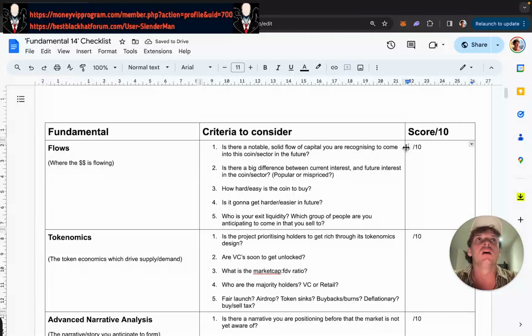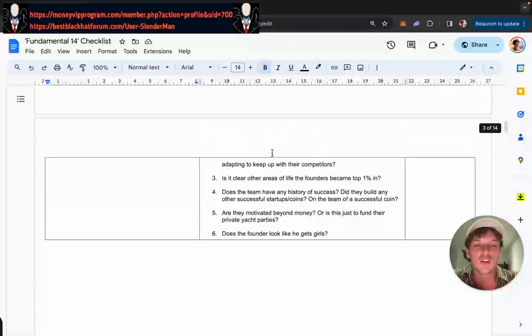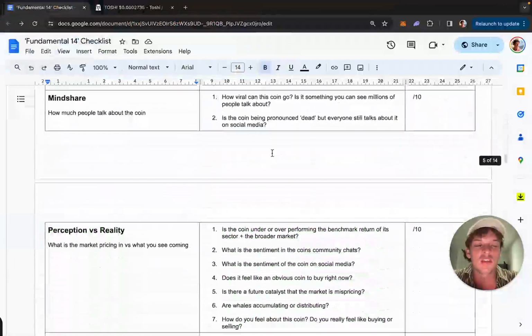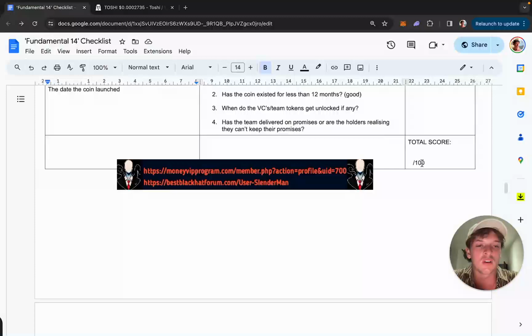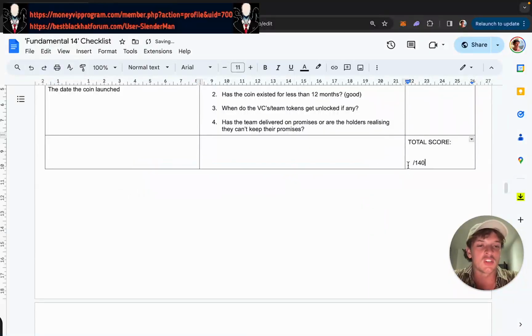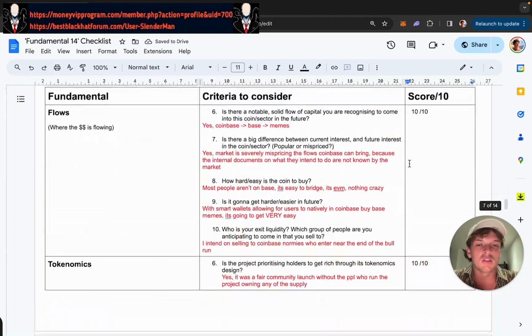So how good are the flows for this coin, right? How strongly are you convinced that the flows are good for this coin, right? And then obviously you tally it all up, you give a score out of 10, and then there's a score out of 100 and 140. So I actually made that wrong. It should be 140.